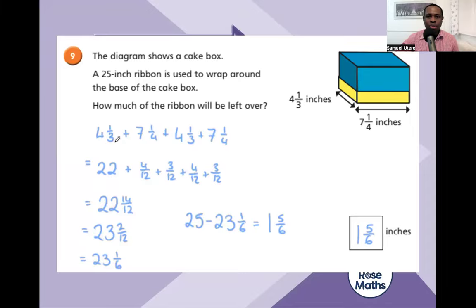So you can see that's why we've added 4 1/3 plus 7 1/4 plus 4 1/3 plus 4 1/3, because the perimeter is the distance around the box. Now, when we finish that, we need to subtract that from 25, and that should be our answer.